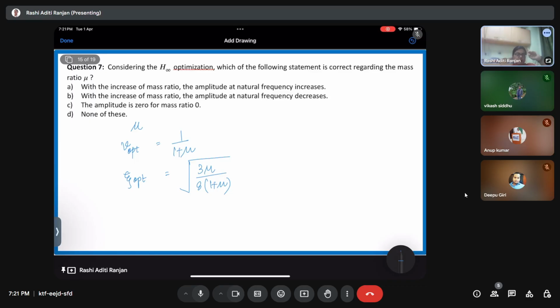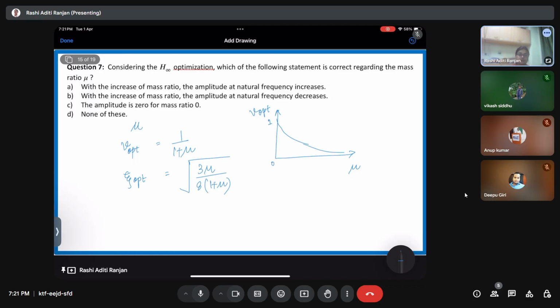However, if I now increase the value of mu, what do I see? The optimal frequency ratio decreases. The plot is going to be something like this. I see that my optimal frequency ratio is going towards 0, right?